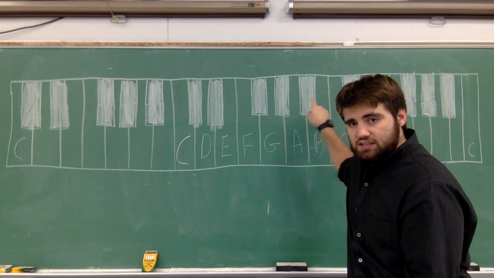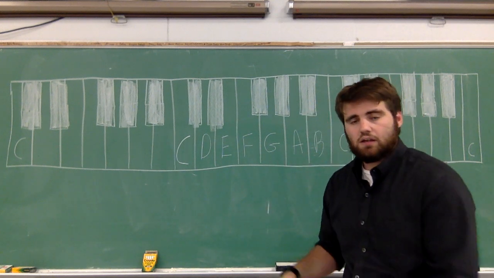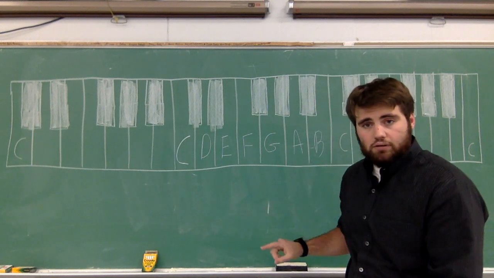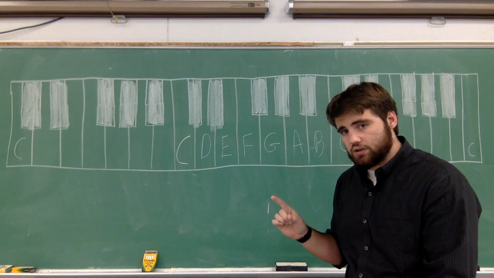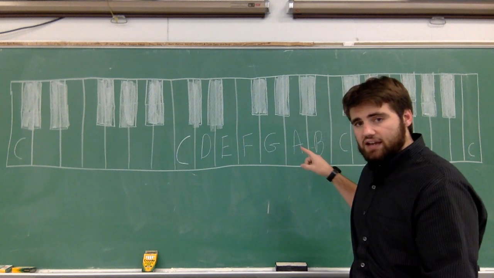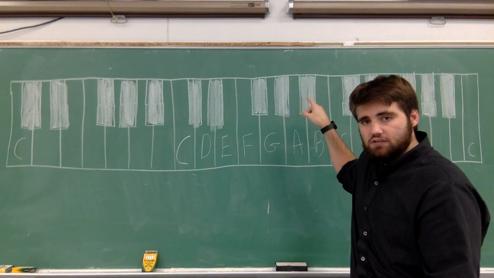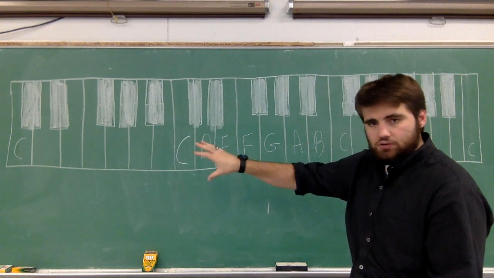So this is B flat. Conversely, A sharp. For a sharp, you go one key directly to the right. So we have A, and then we go one key directly to the right. And you can use that across the entire board.